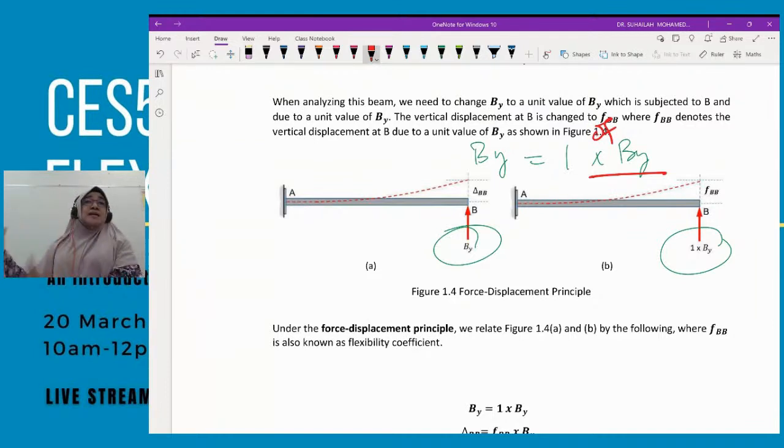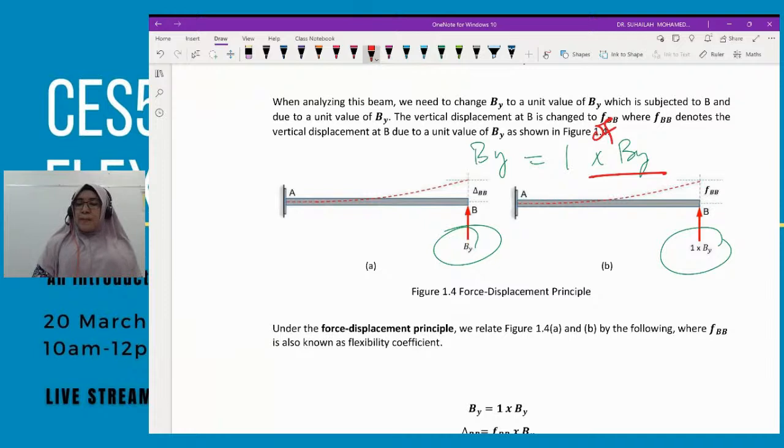So we will analyze the second diagram. The second diagram, not the first diagram. So we take out By. We leave only one in there. Just like the virtual system. But the virtual system has no times something anymore, right? This one is times redundant. Okay.